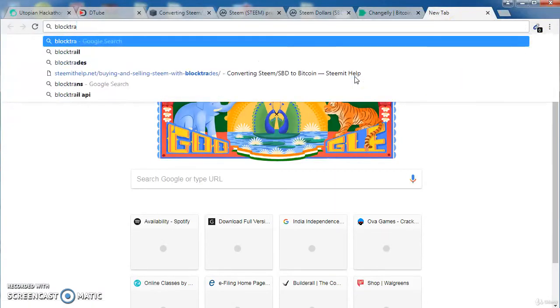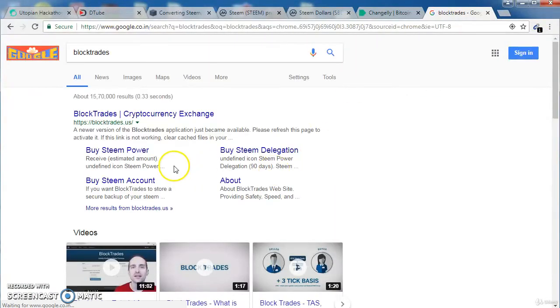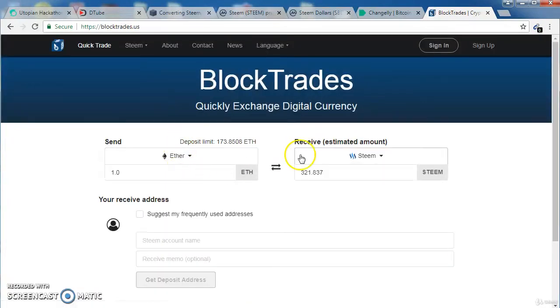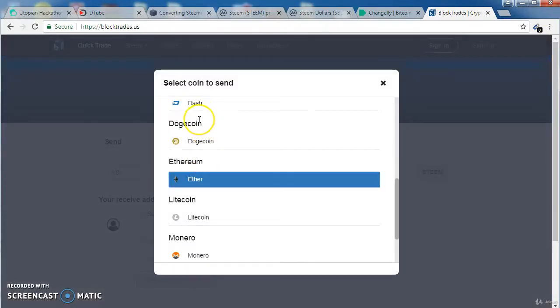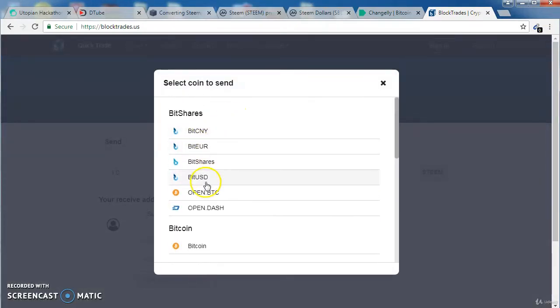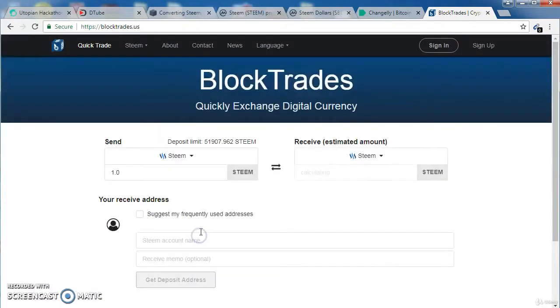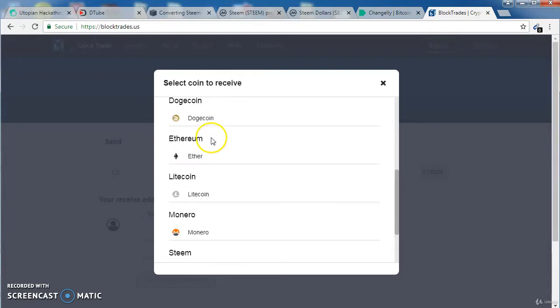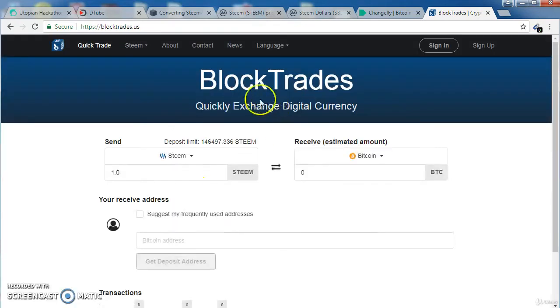It's a Steemit-based cryptocurrency exchange. Under Block Trades, you can convert Steem to Bitcoin or any currency you want. You can go to Block Trades and write what kind of cryptocurrency and how much Steem or Steem dollars you want to transfer.